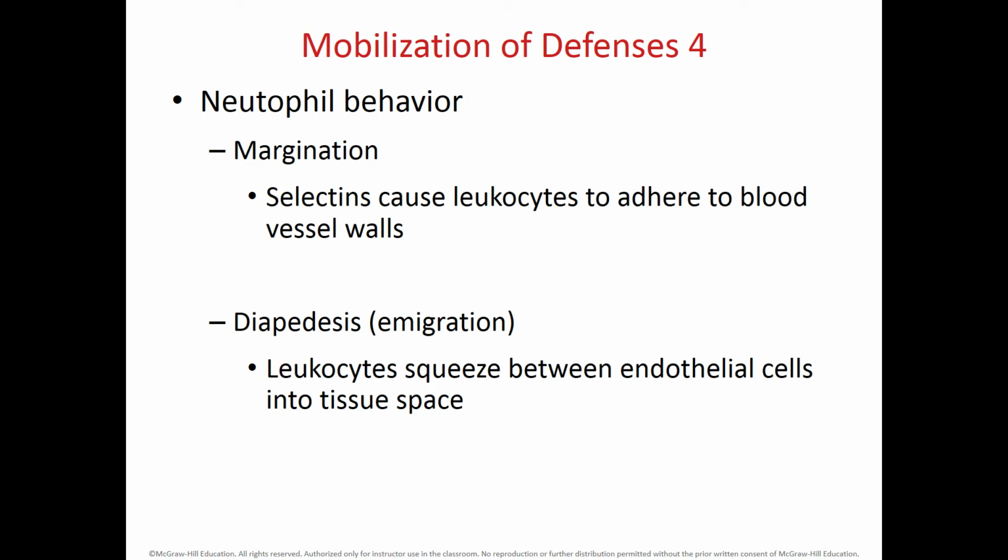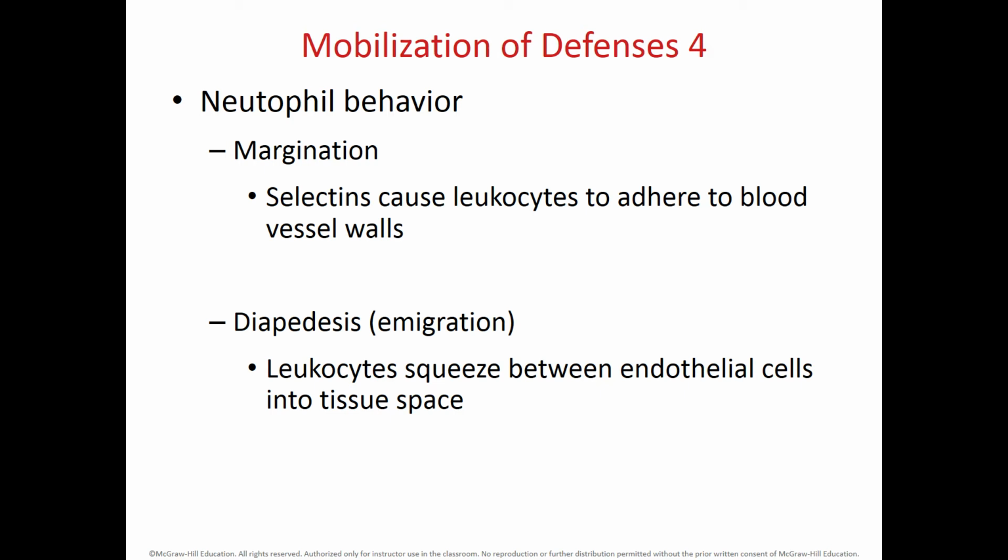One of the first cells attracted by the cytokines into an area of injury are the neutrophils. The neutrophils are found within the blood vessels, and once they sense these cytokines in the vicinity of the blood vessels, they will slow down their flow rate and move to the side of the blood vessel to reach the endothelium.